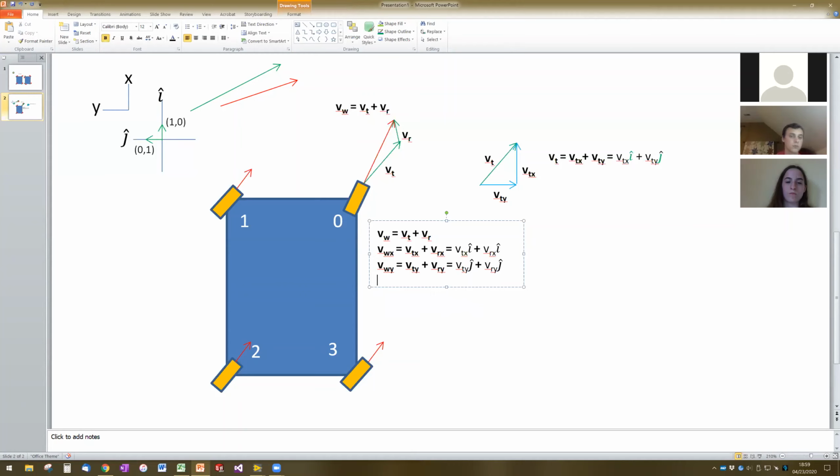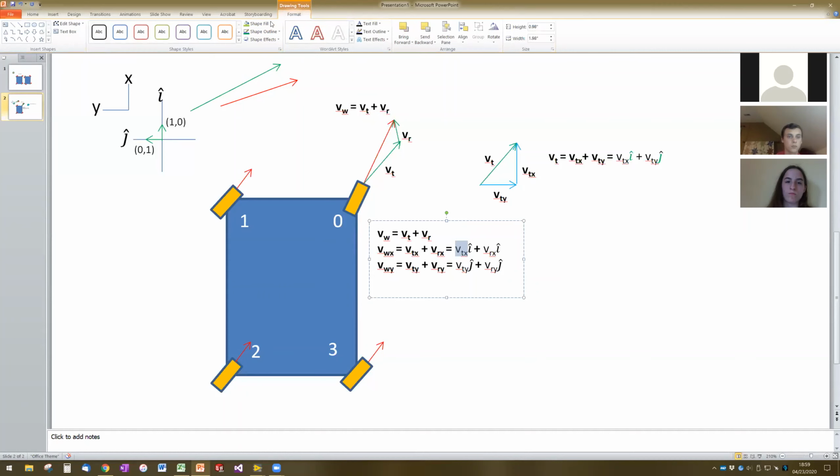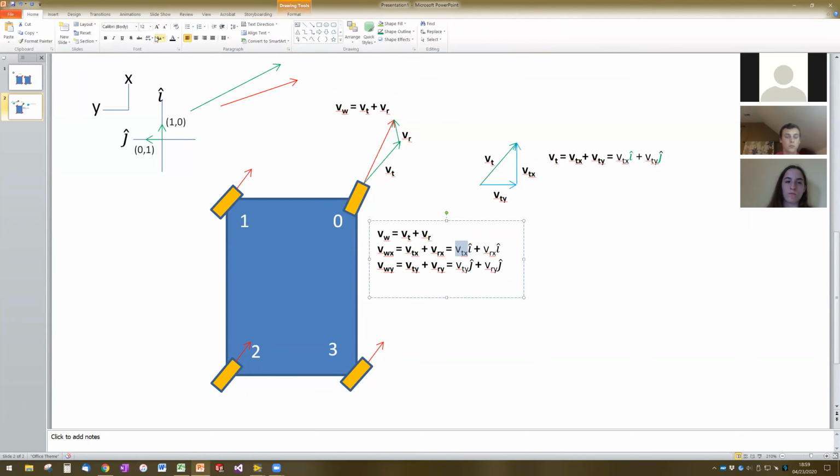Okay. So I'm going to go ahead and propose that we already know how to calculate VTX and VTY. They're actually pretty easy for us to do. I'll show in a little bit exactly how. So I'm going to color them green.